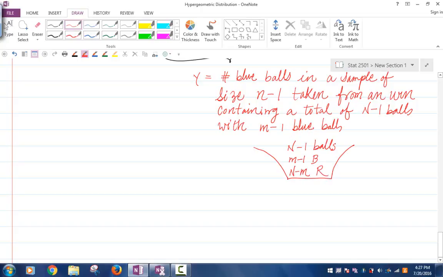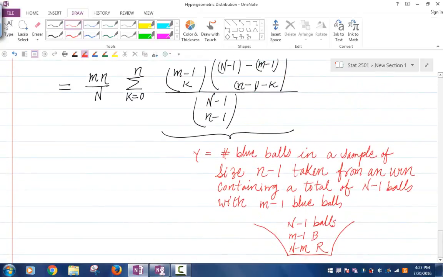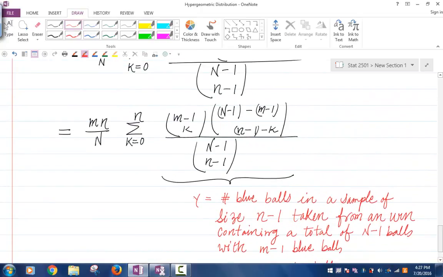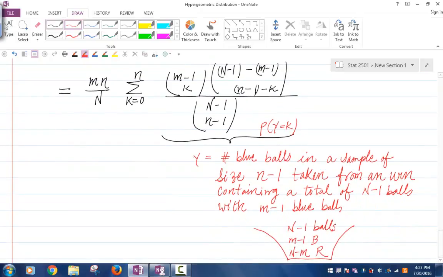Okay, so if you subtract m minus 1 from cap N minus 1, you get cap N minus m. So if y is the number of blue balls, then this ratio inside the sum here is the probability that y is equal to k. So this sum is the sum of the probabilities of all the values of y, which is the total probability of y, which should be simply 1.